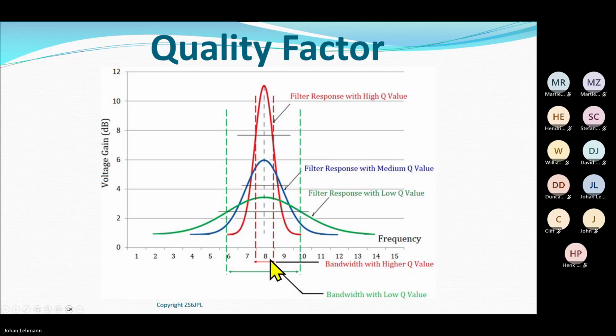So if I am operating at 8 megahertz with my radio and there's interference at 9 megahertz, a big signal from the neighbors, whatever, that is interfering with my radio at 9 megahertz, you can already see from this graph, I need a radio which has got a very high Q value front end, so that it only passes the frequency that I'm operating on and it doesn't pass the neighbor's garbage.